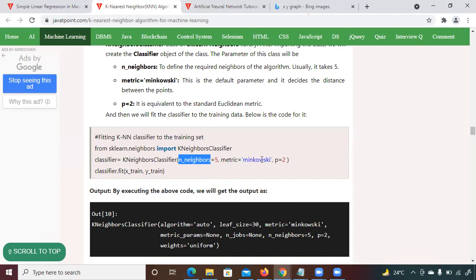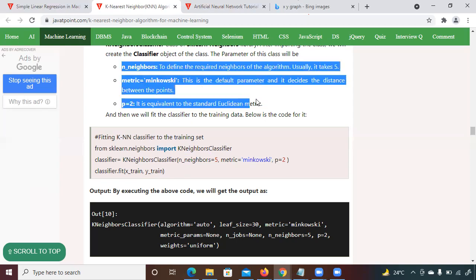metric equal to Minkowski. What does it mean? That the distance formula I want to consider is Minkowski. If you do not want this, you can use Euclidean as well in metric. And p equal to 2 means it is the standard Euclidean metric, similar to Euclidean. You can see the complete detail here.